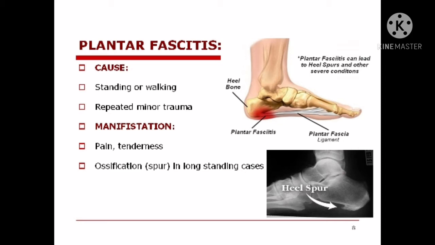It manifests as pain and tenderness and ossification in the calcaneal bone. The ossification in the calcaneal bone is also called calcaneal spur formation.